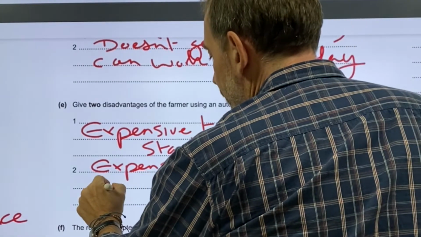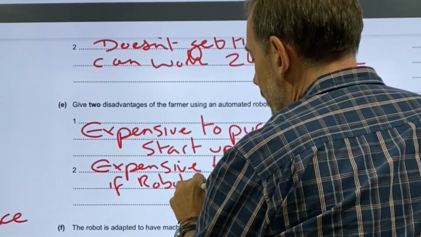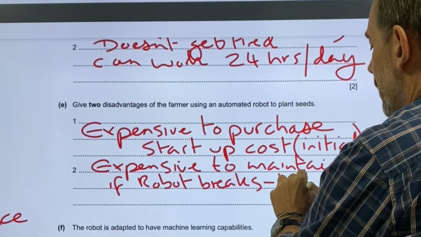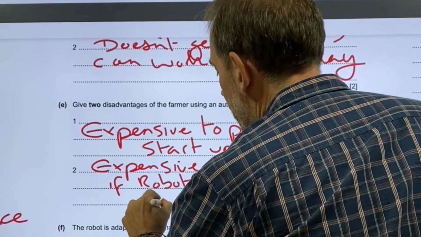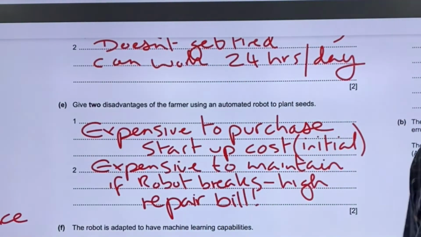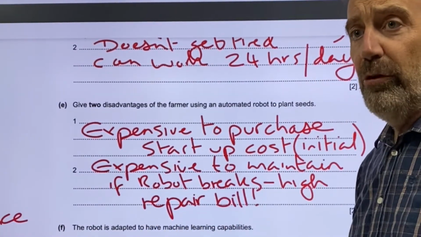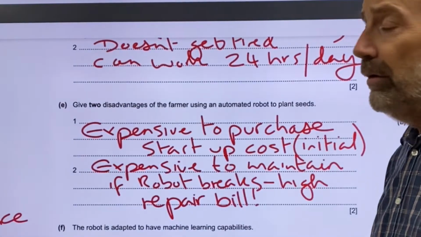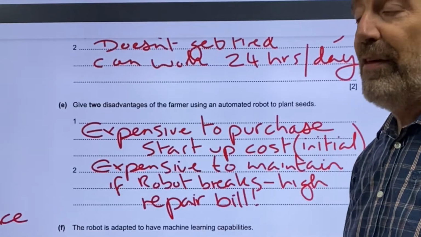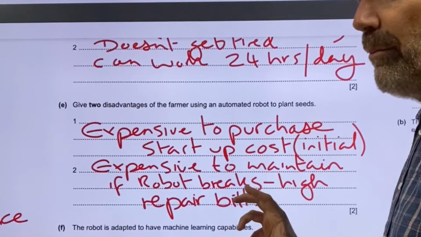If the robot breaks, high repair bill. I mean, you could mention it's de-skilling the farmers. You could mention that it might be taking jobs away from employees. Things like that. The unfairness, the ethics. But generally, if we talk about money, we're gonna get the marks.